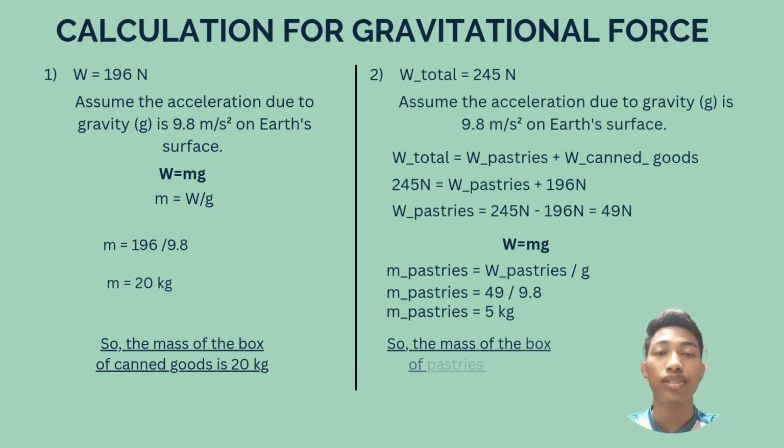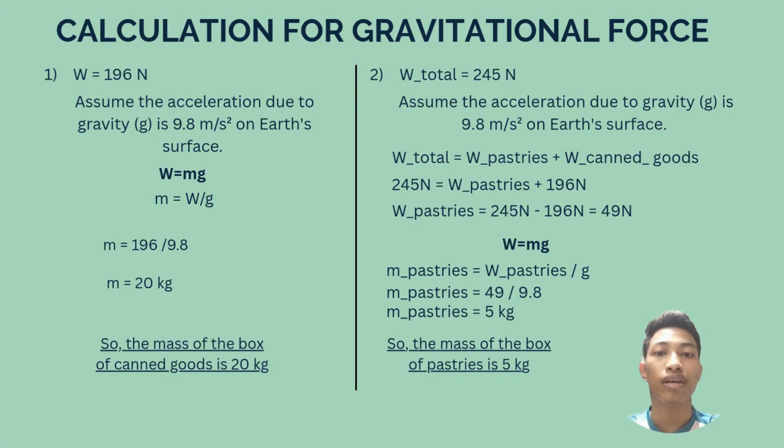From question 2, we know that the total weight of the two boxes is 245 newtons. So we can find the weight of the box of pastries. We just take the weight of the two boxes and minus the weight of the box of canned goods.